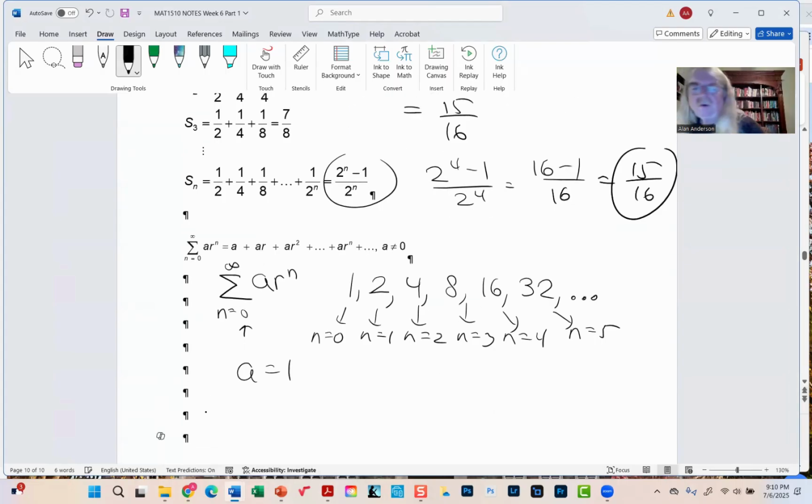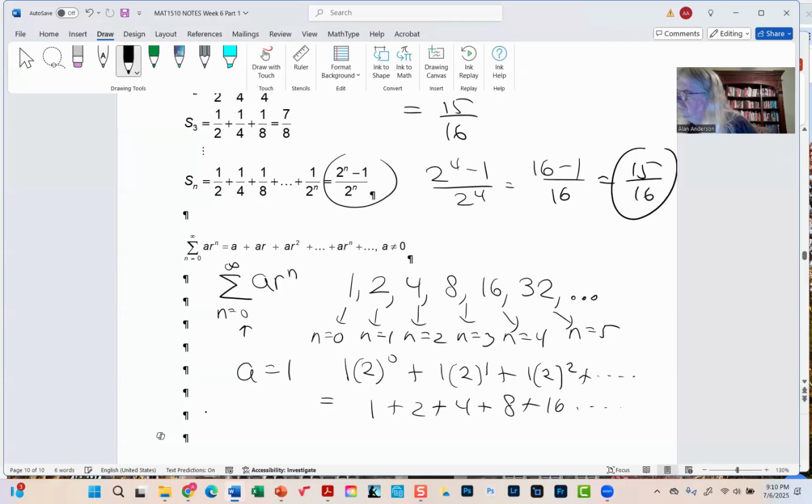So the terms, according to this formula, should be as follows.